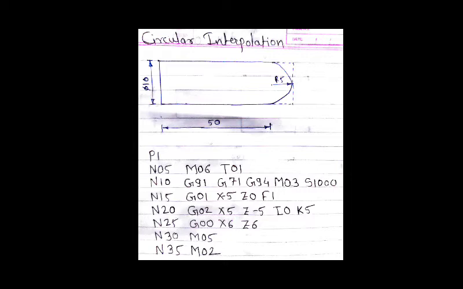G91 is for the incremental programming system. Till now we were using only G90, the absolute programming system, but in this example we are going to use the incremental programming system.